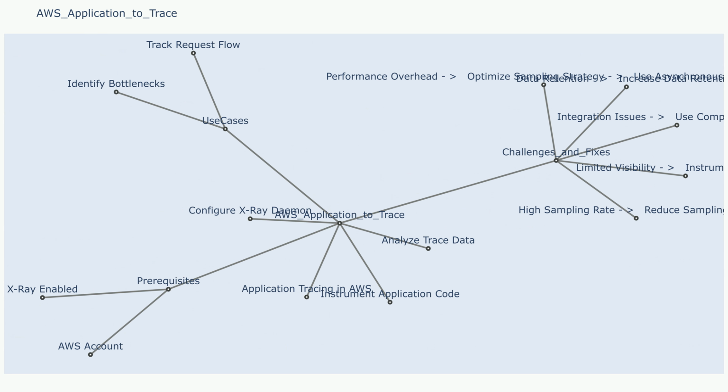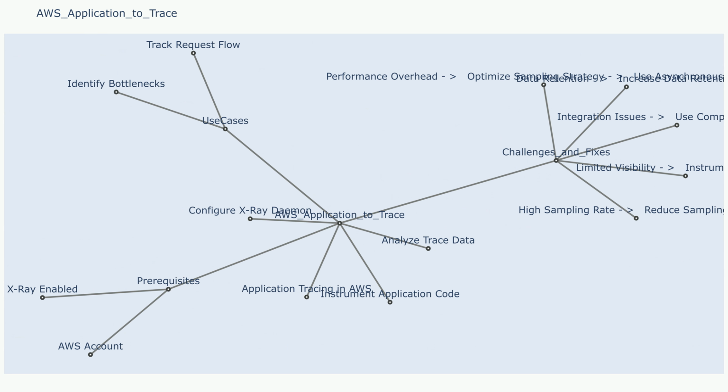Integration issues. Integrating X-Ray with various services or frameworks can present challenges, particularly if compatibility issues exist. Use compatible libraries. Use compatible X-Ray SDKs and libraries for your chosen services or frameworks to ensure proper integration and trace propagation.